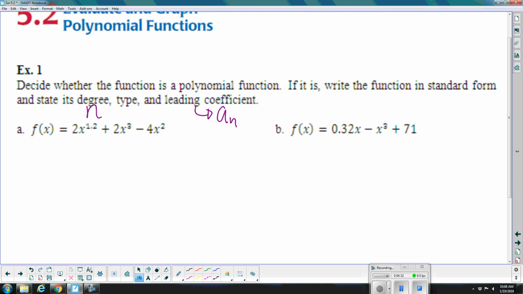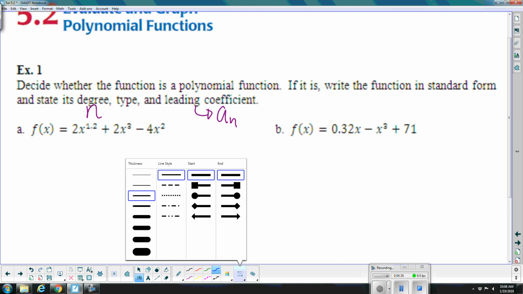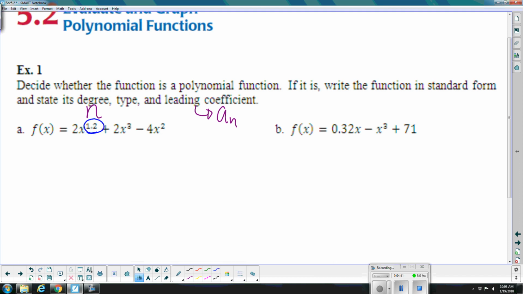All right, so let's look at the first one. Remember, with a polynomial function, all exponents have to be whole numbers. If you look at this very first exponent, 2 times x to the 1.2 power, 1.2 is not a whole number.